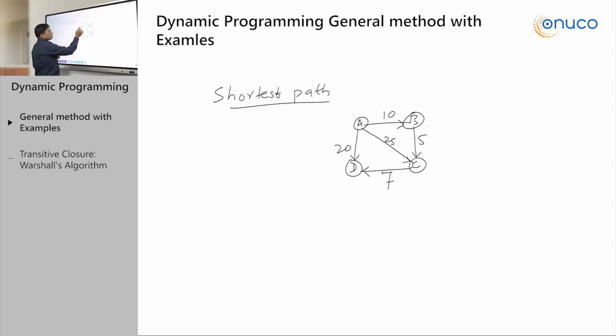Now if you are trying to find A to C, we have a direct distance A to C of 25, but there is an indirect distance A to B and B to C. We can find 10 plus 5 is 15. So we are not going with the direct distance, we are going with the intermediate distance. For that we see how many input edges C has.